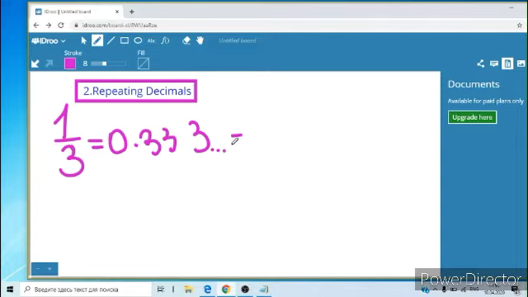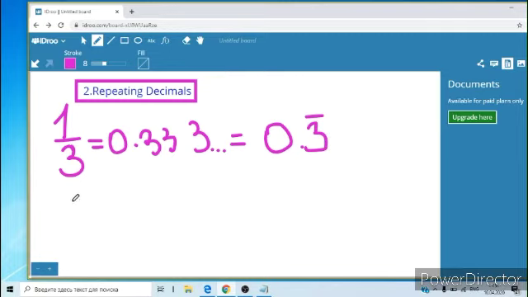So we can write it as 0.3, and we can give this symbol. We call this symbol a Lincoln, which means repeating, which has no ending.